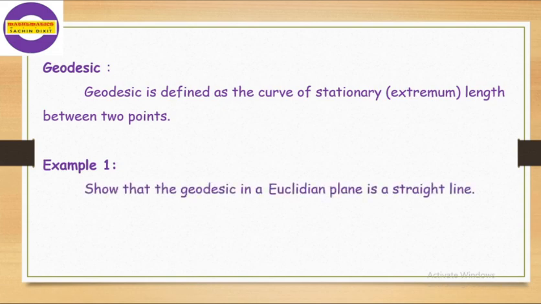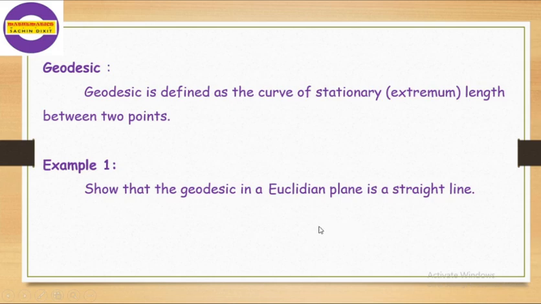First example, show that the geodesic in a Euclidean plane is a straight line. Now the geodesic is a curve of stationary length between the 2 points. That means it will be the shortest distance between 2 points.